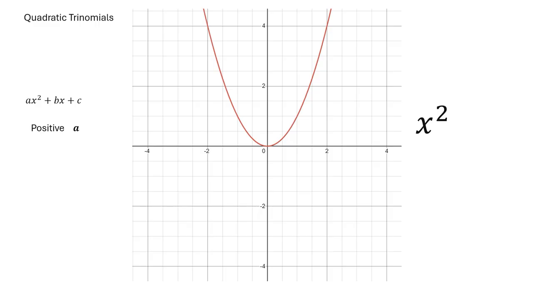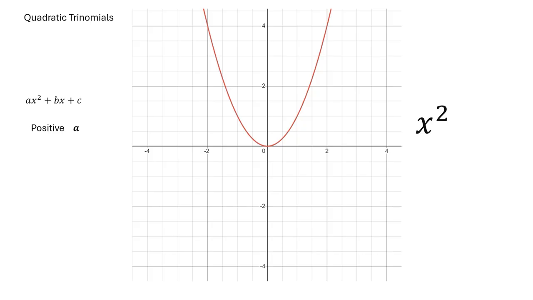And our graph looks like this. So y equals x squared is a very symmetrical parabola, or very symmetrical graph, that mirrors the x-axis. So just take note of what the graph y equals x squared looks like.